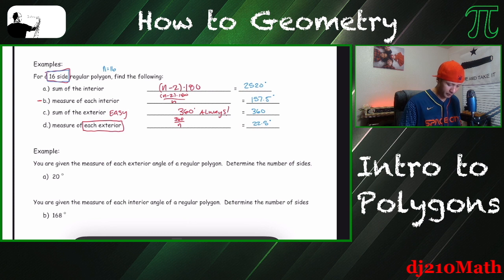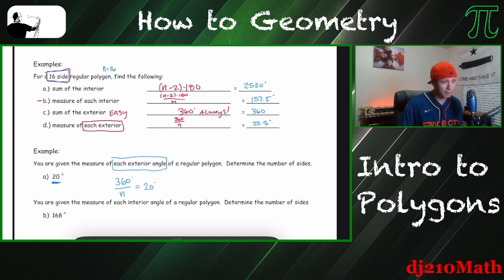So if we're given the measure of each exterior angle, the formula associated with this is 360 divided by n. They're telling us that this is 20, so it's going to be equal to 20 degrees. And we need to figure out how many sides it has.